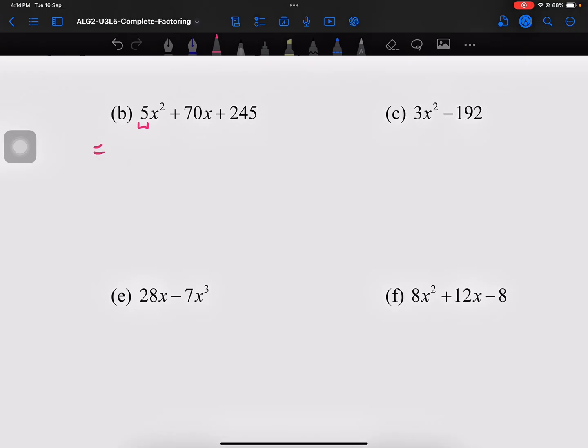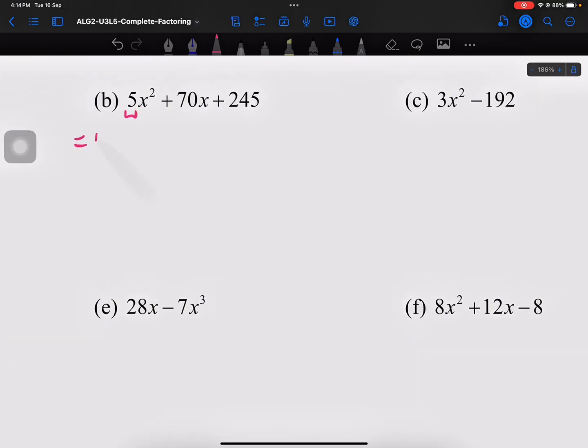Okay, next B, we can take out 5 as our GCF. So x squared, 5 multiply 14 equals 70. And then 5 multiply 49 equals 245. So here you can see that the leading coefficient is 1. So you can use the method that we always use.